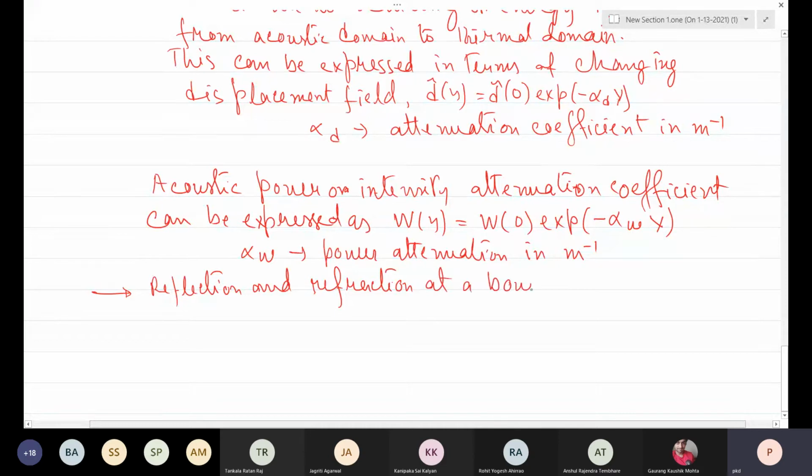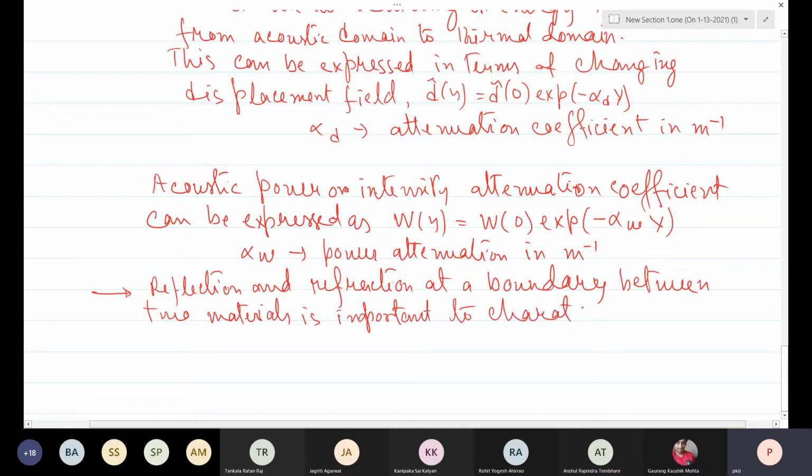Refractions at a boundary between two materials is important to characterize the inner structure of solid, liquid, or gas, so it can be used.